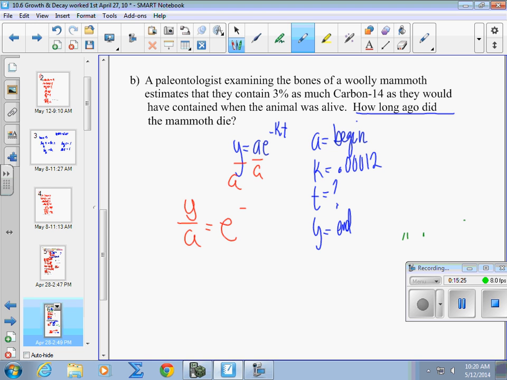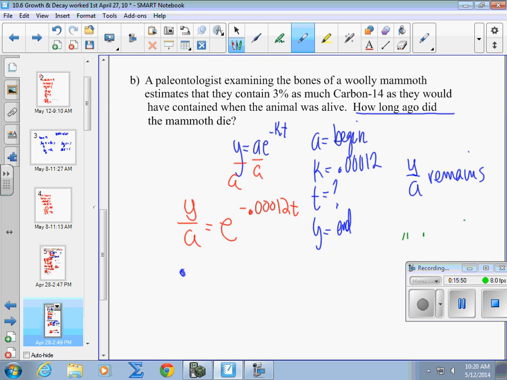Then we have negative decimal 0.00012. Y over A is what remains. So what remains? 3%.